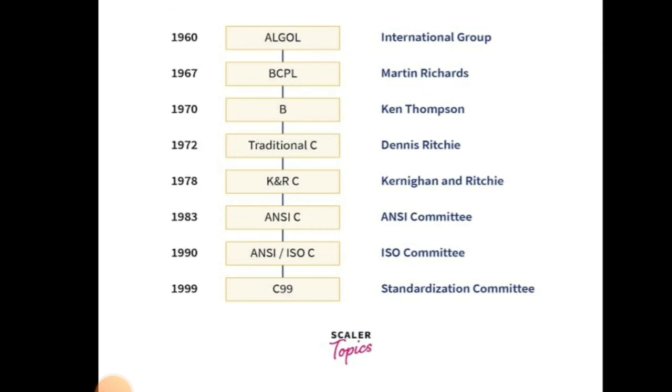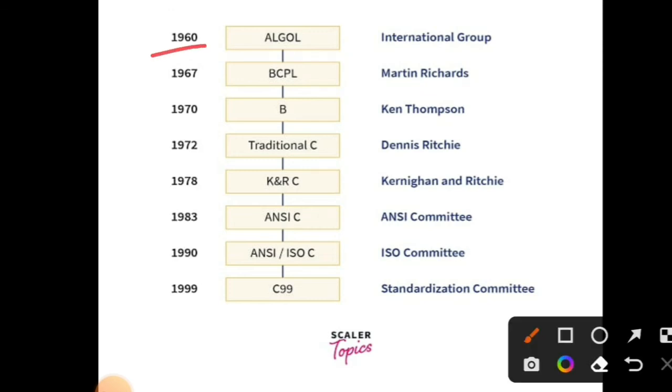So this is the complete picture. In 1960, ALGOL was developed by an international group. ALGOL stands for Algorithmic Language. After that, the BCPL language was developed in 1969 by the scientist Martin Richards.